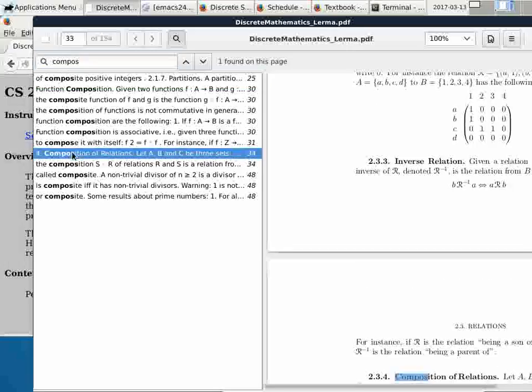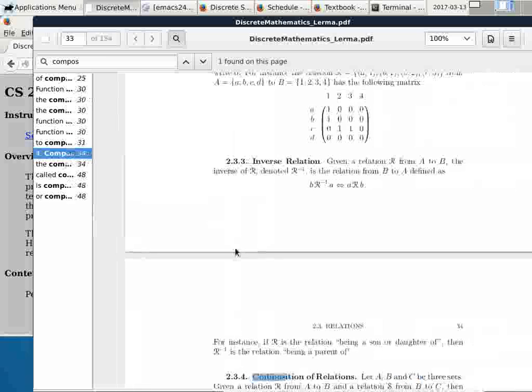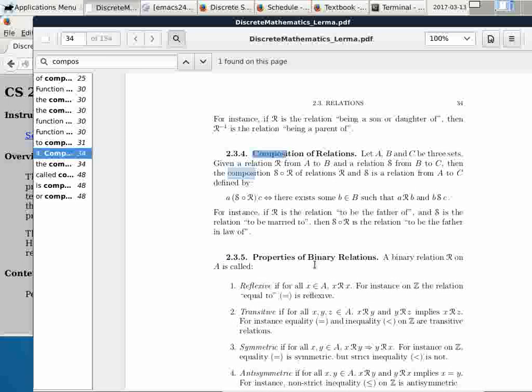All right, the composition of relations. So here it says 3 sets. This is the case in which the sets are not necessarily equal.